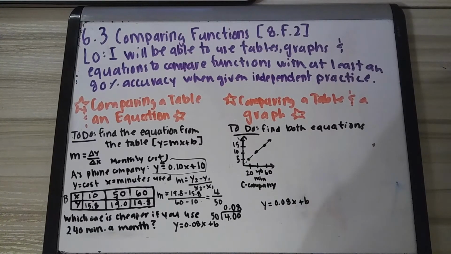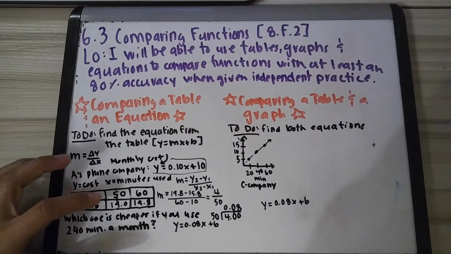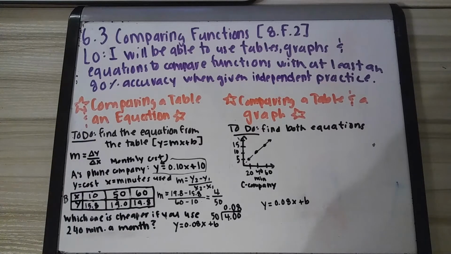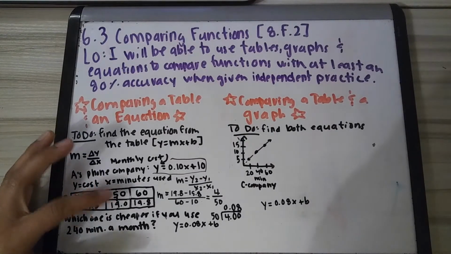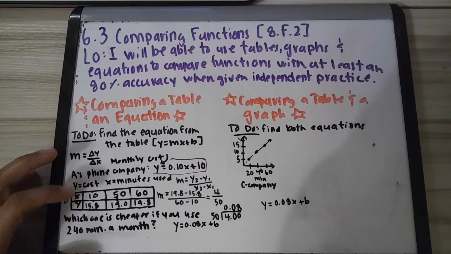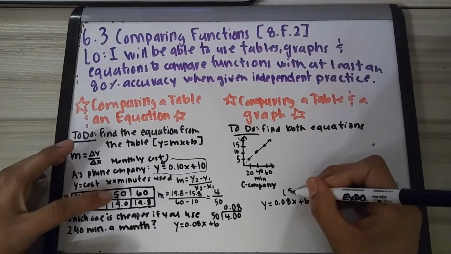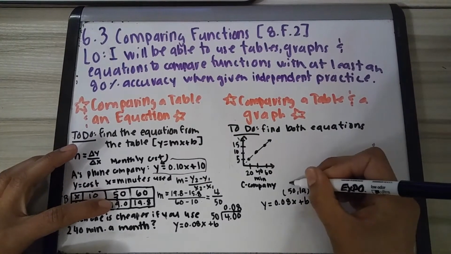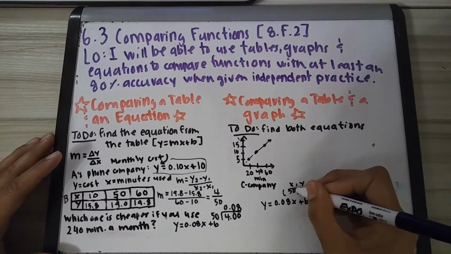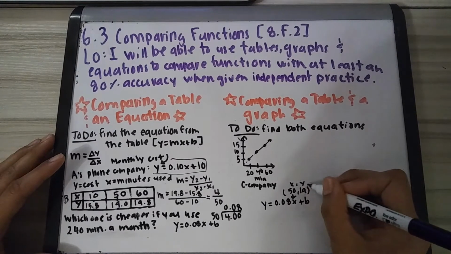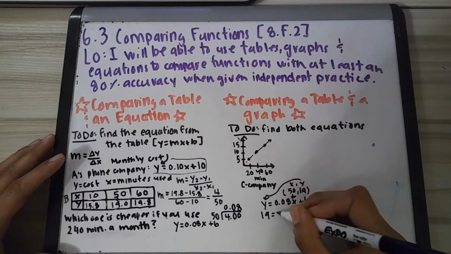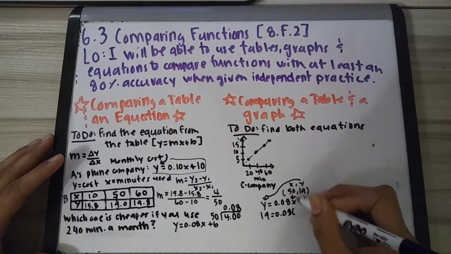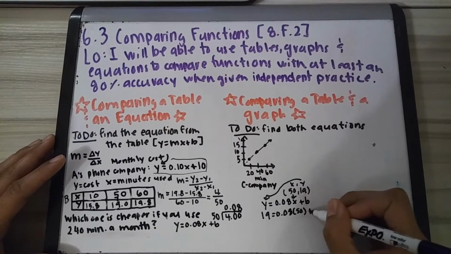I don't want to work with a lot of decimals, so I'm going to pick 50 and 19. So I'm paying $19 for 50 minutes that I use. So I have 50 comma 19, which is my x and my y. I'm going to plug in my x right here and my y right here. So 19 equals 0.08 times 50 plus b.